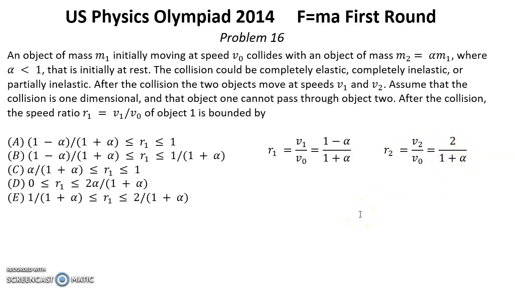In our case, object m1 is more massive than object 2. It means that alpha is less than 1 and the first object is still moving in the same direction.